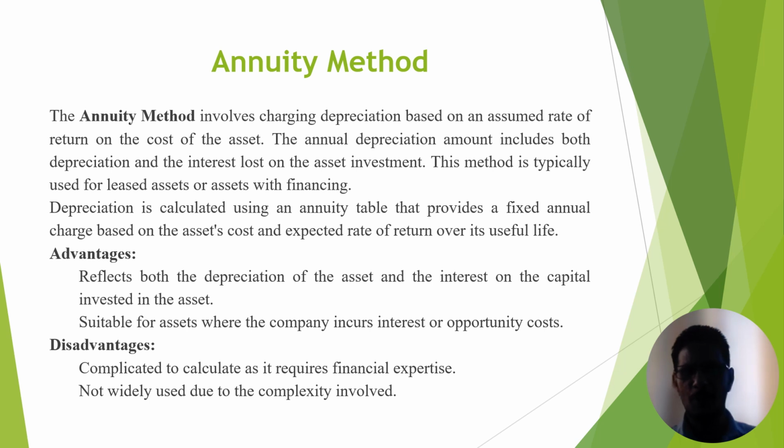If we do not purchase the machine, we invest this amount in the market, and then we suppose we earn interest, dividend, income. This is opportunity cost. Here we consider both parts.